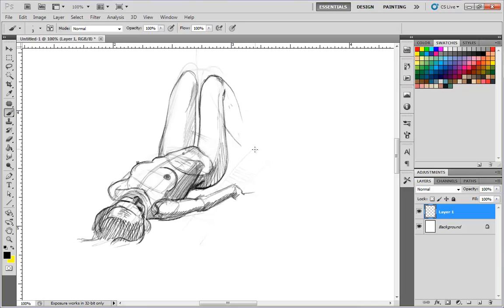Okay, I need the foot to come like this. Now I'm going to see a little bit of the under pad of the foot. And it's going to come down here, and it's going to be bent under. The toes will be like that.